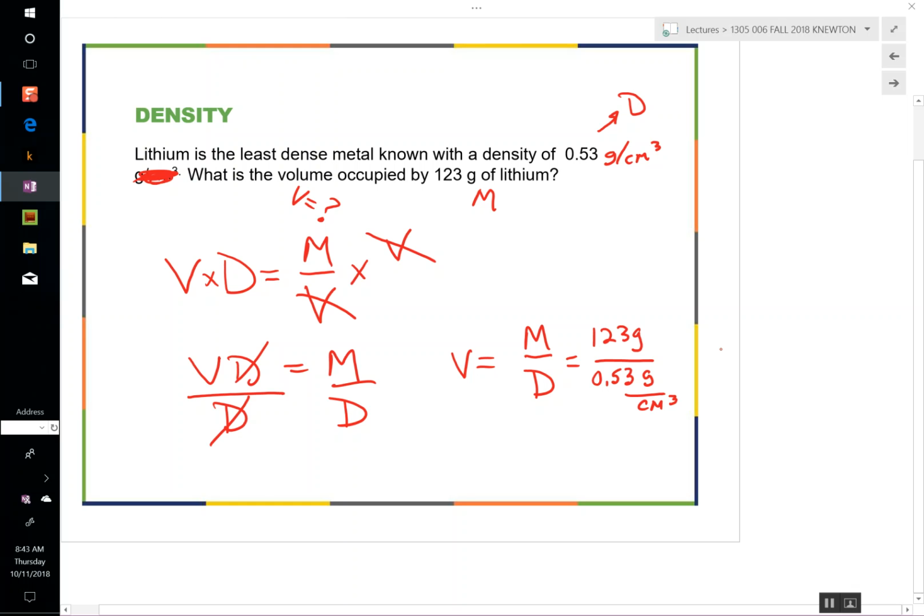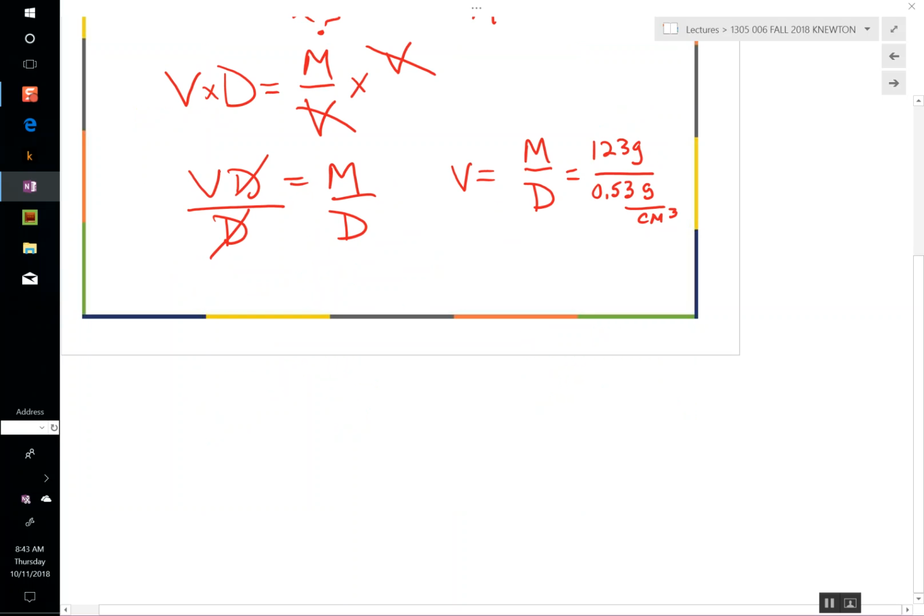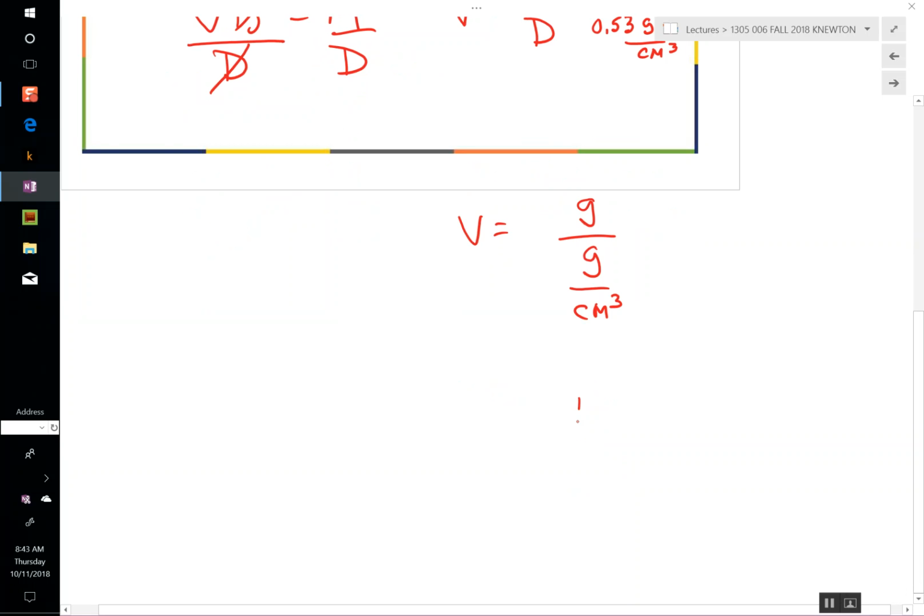Okay, now I'm going to insert one other step here, dimensional analysis. So all of a sudden here I'm going to ignore the numbers. They're going to be invisible. So what I have here is grams divided by grams per cubic centimeter. This is the dimensional analysis. I'm analyzing the dimensions. Now, if I had a problem that said I had 1 divided by a fraction, how would I get rid of that fraction?